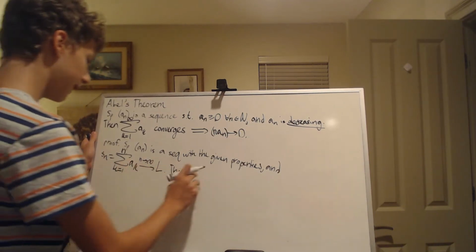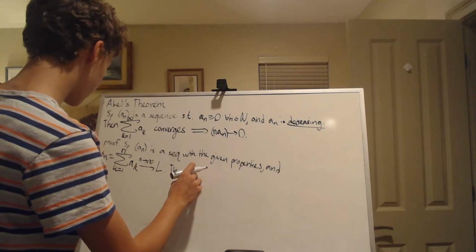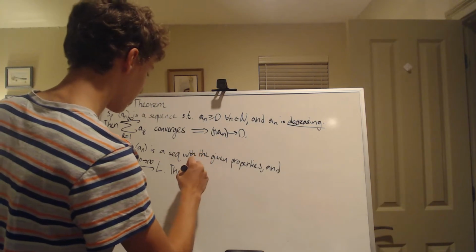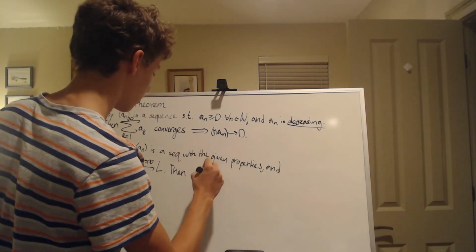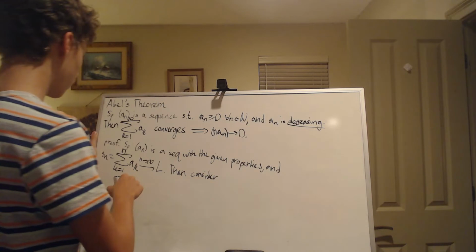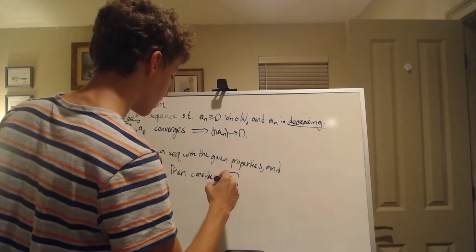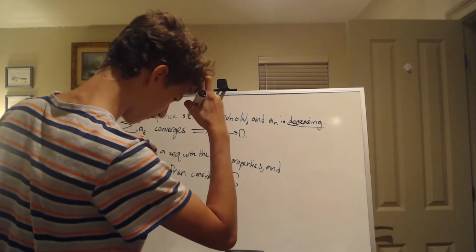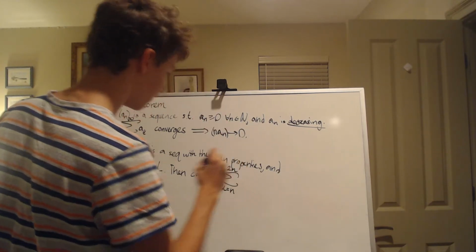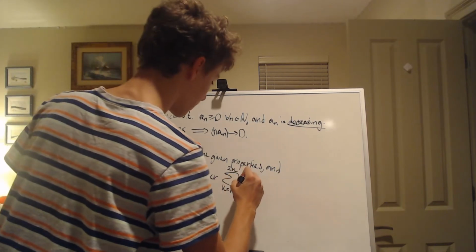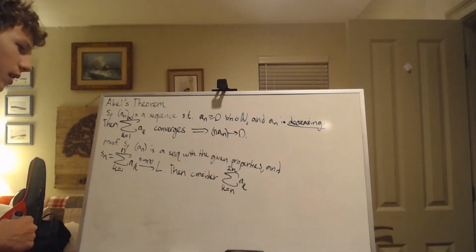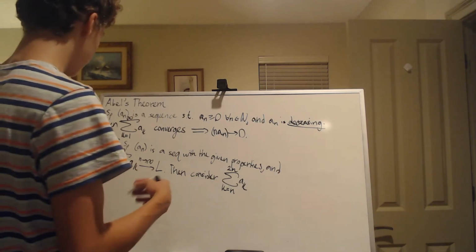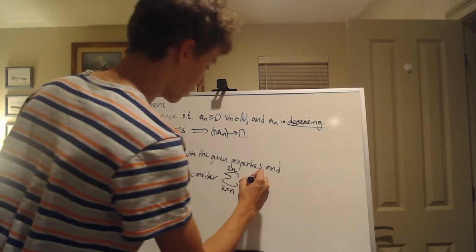So let's consider the following sum, which is the sum from k equals n to 2n of a sub k. And indeed, we should be able to write this in terms of S sub something, right? So let's try that.